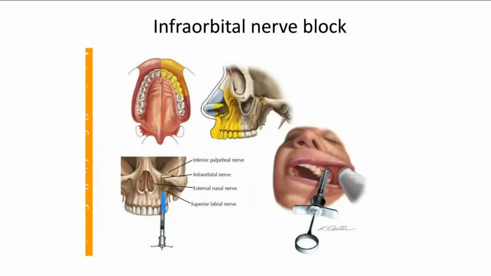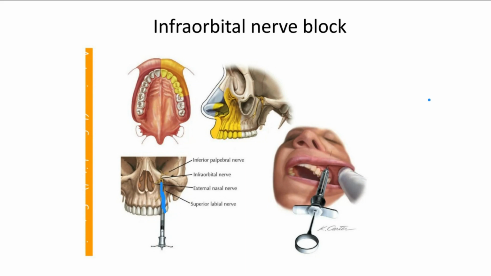Look at this. You're going to use almost the whole entire length of the needle, because you want it to go not just above the apical foramen, or not just above the root of the teeth. You need to go up all the way to the infraorbital foramen. And remember, the anesthesia is a liquid, a solution.